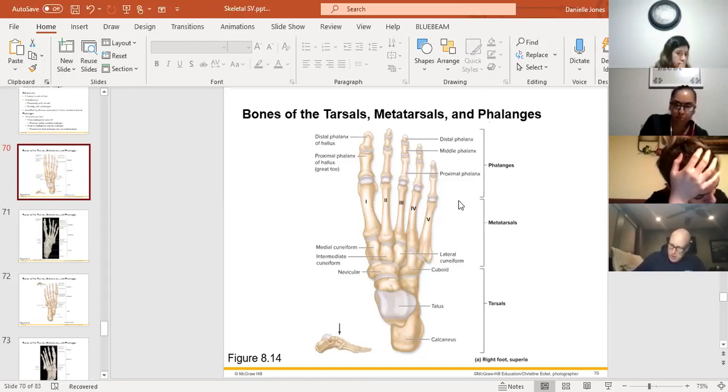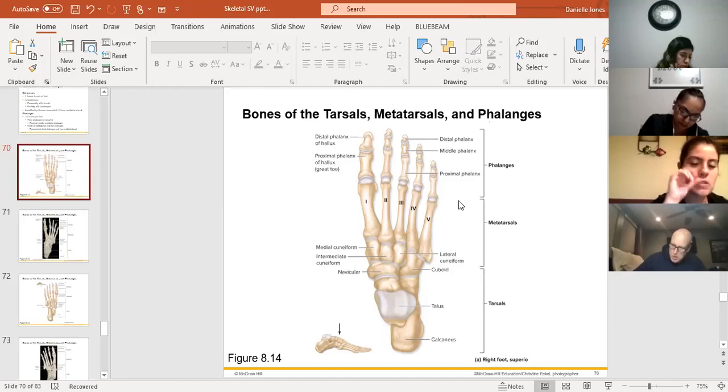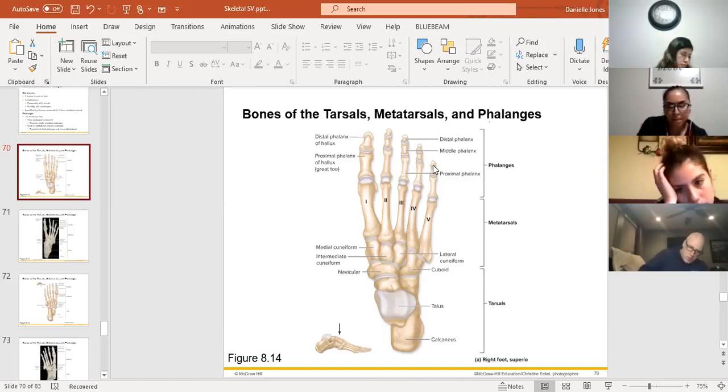Same thing applies. You have the proximal row, the middle row for digits 2 through 5, and then the distal row for all 5 toes. Okay. Same naming scheme is going to happen. Now, one thing I should point out is that especially on the pinky toe, the middle phalanx and the distal phalanx have a tendency to fuse together, especially if it's a really stubby short toe.